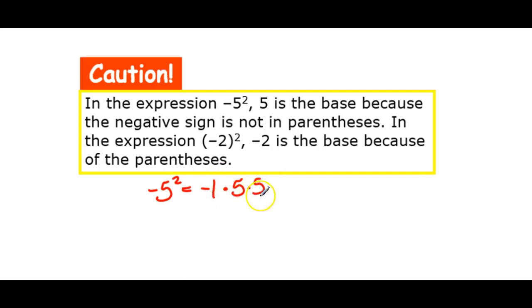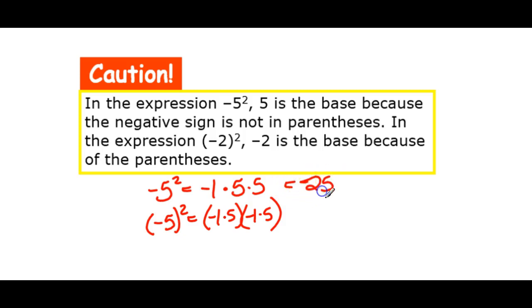If I have -5 in parentheses, that's like saying -1 times 5 times itself, -1 times 5. That gives me 2 negatives, which is going to make this a positive. So this one's going to give you -25 as an answer. This one's going to give you positive 25, okay?